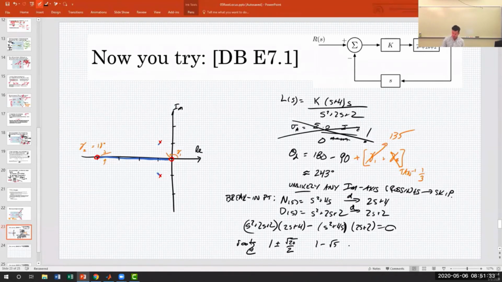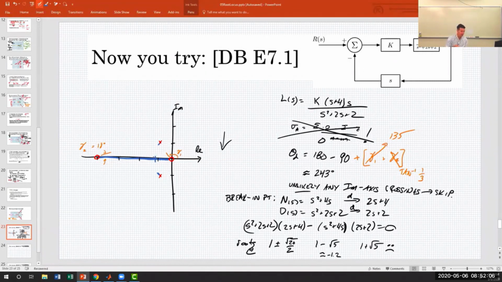Because 1 minus root 5 is a negative number, and we need the break-in point to be a negative real number. If you were to pick 1 plus root 5, that would put us somewhere over here, which is not valid. So let's work this out. This is approximately negative 1.2. And so what we've just shown is that there is a break-in right about here.